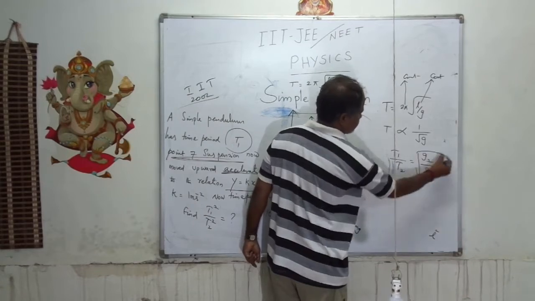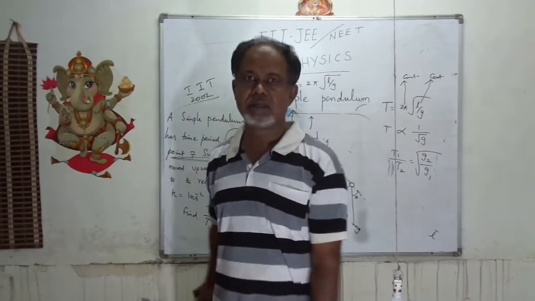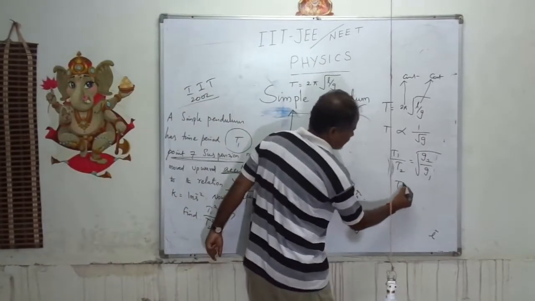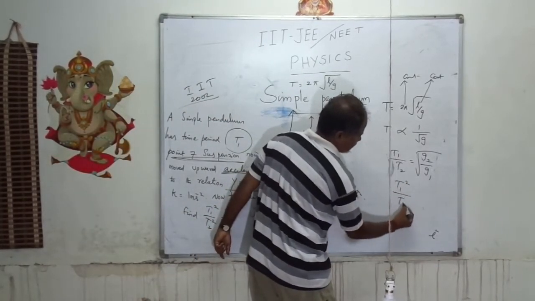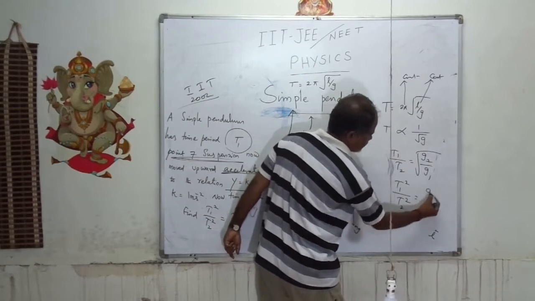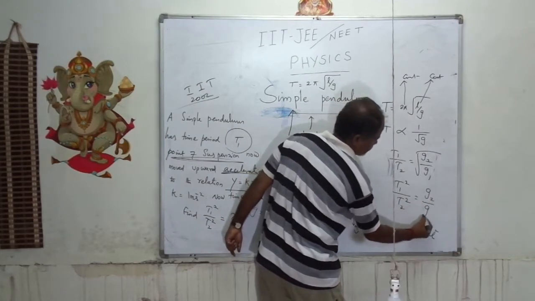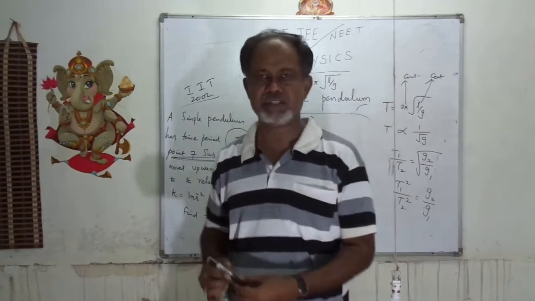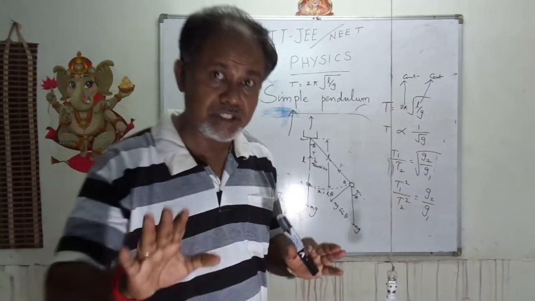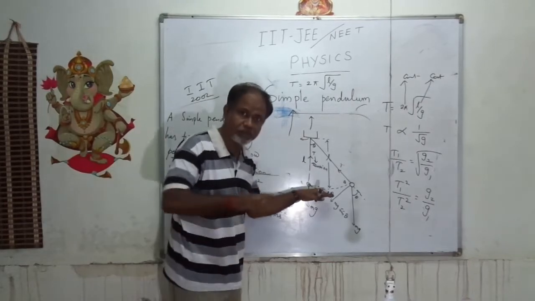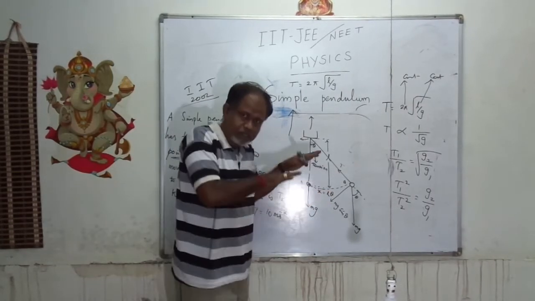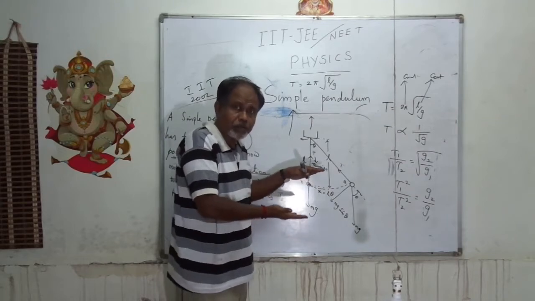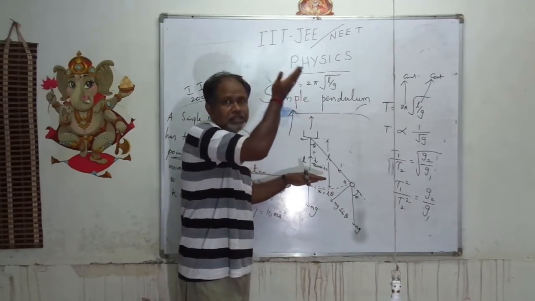Then T1 square by T2 square is equal to g2 by g1. What is g1? g1 is on the surface of the earth. What is g2? It is the acceleration due to gravity when it moves in the upward direction.